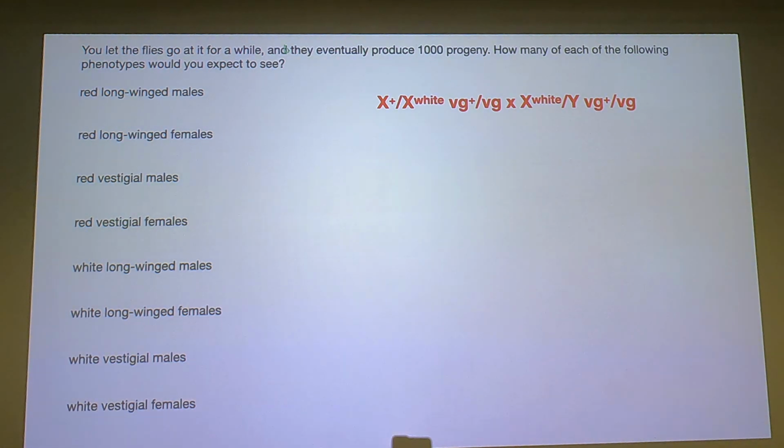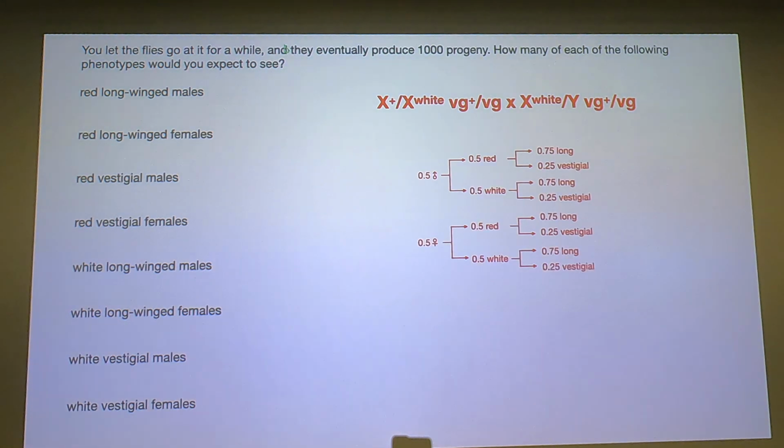The white-eyed cross, a little more complicated because we have to take into account the sexes. But this should tell you right away, all I need to do is apply that fork line method. So I think, yeah, there I got a diagram for you. So we're going to get half males and half females, right? Of the males, let's look at them up here. So first I'm doing the red and white eyes.